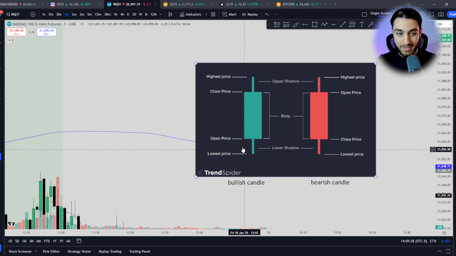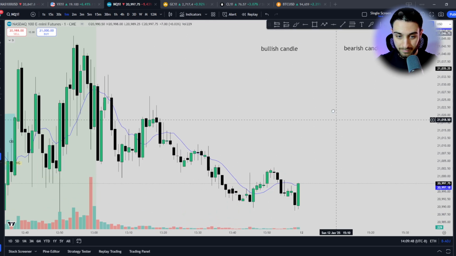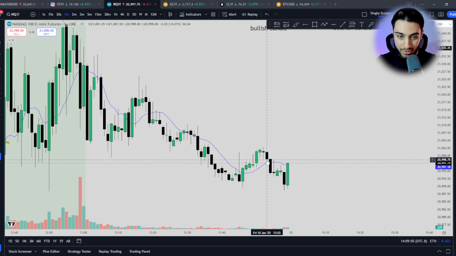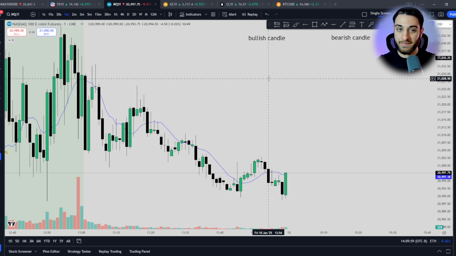So price could have opened here. It opened right here. It could have went down in the beginning, so it looks like a bearish candle, right? It might have looked something like this right here. It opened and it pushed down. It might have looked like this temporarily, but instead of closing down here, we still had time left for that 1 minute candle to actually show some price fluctuation.